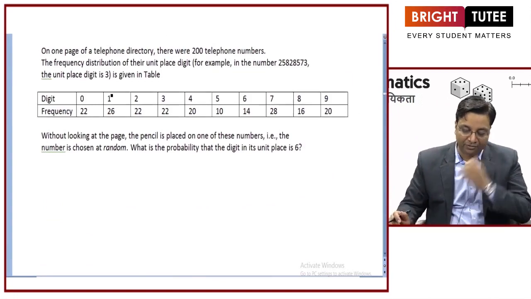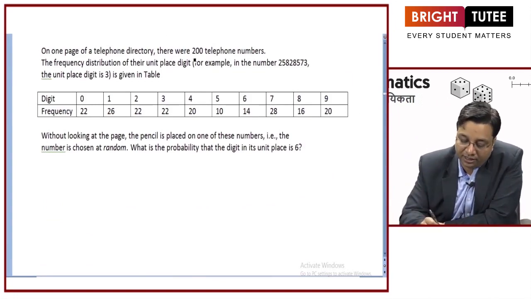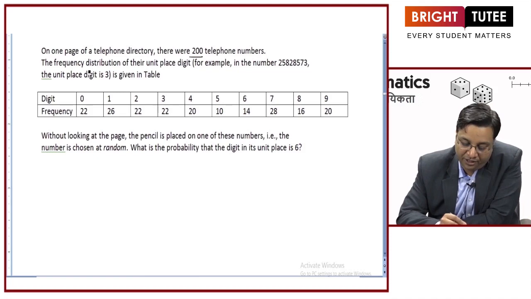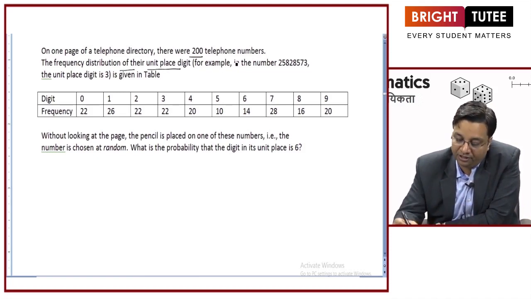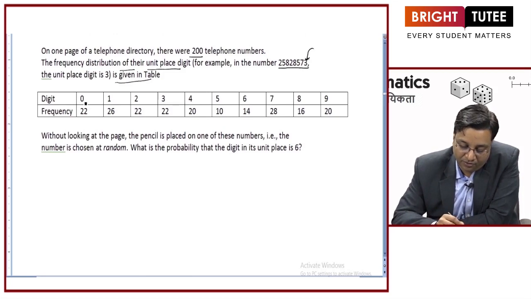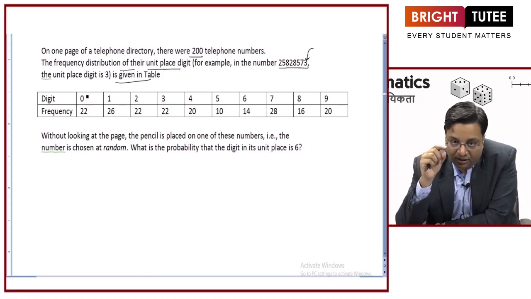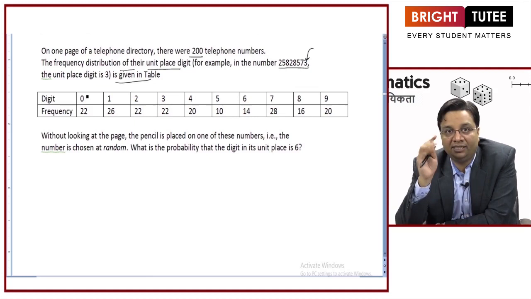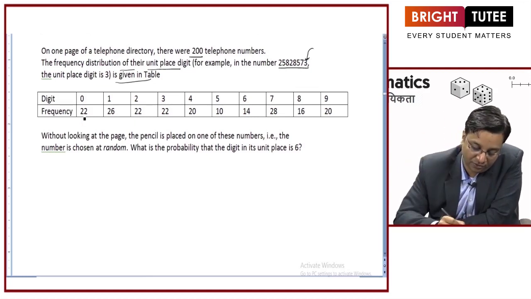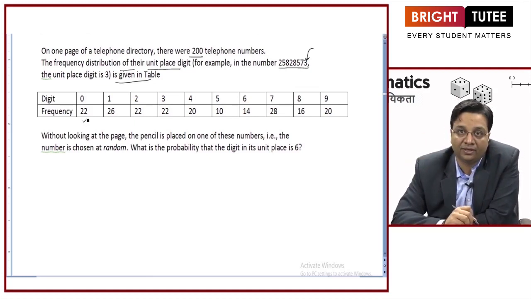On one page of a telephone directory, there were 200 telephone numbers. The frequency distribution of their unit place digit, for example, in this number 3 is at the units place, right? Now frequencies mean that out of these 200 telephone numbers, the digit 0 is at units place for 22 numbers.